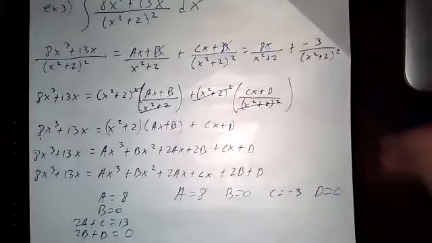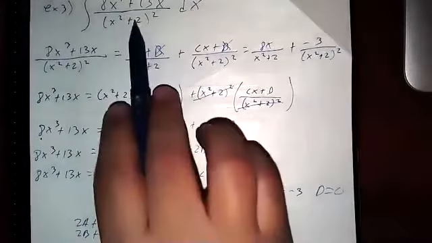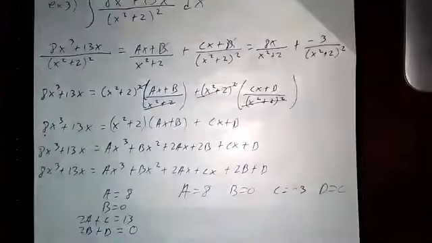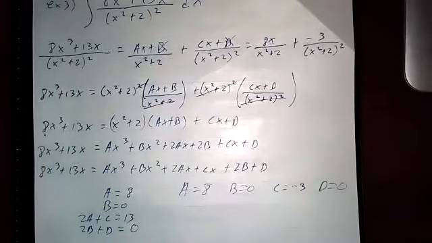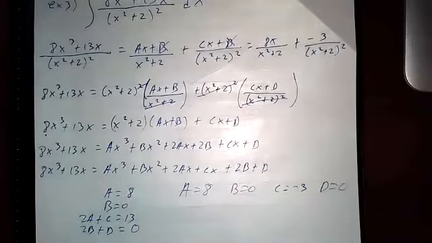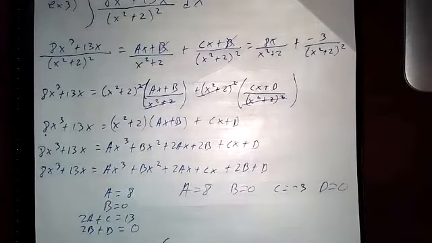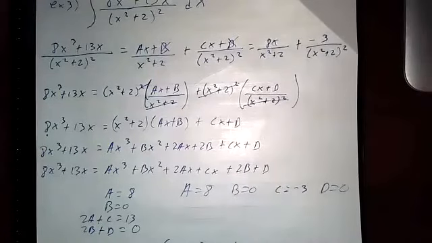So there's the stuff we're going to integrate, these two here. So the answer to this question will be the same as the answer to this guy. So the integral of 8x over x squared plus 2 dx minus the integral of 3 over x squared plus 2 squared dx.